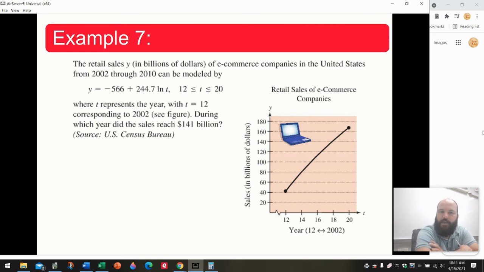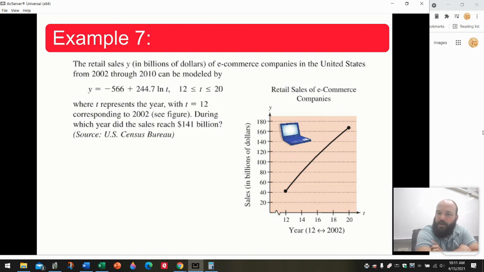Now remember, t represents years. In this case, t equals 12 is 2002. So that means t equals 20 would be 8 years later, which would be 2010. So it says, during which year did the sales reach $141 billion?